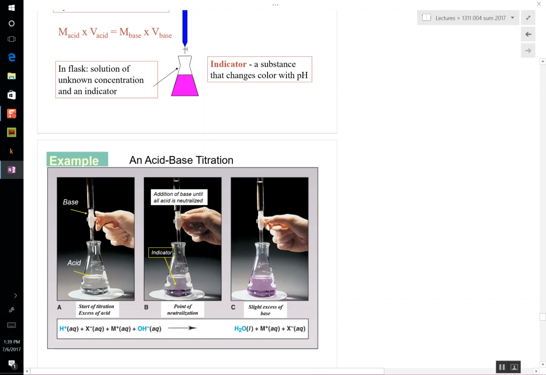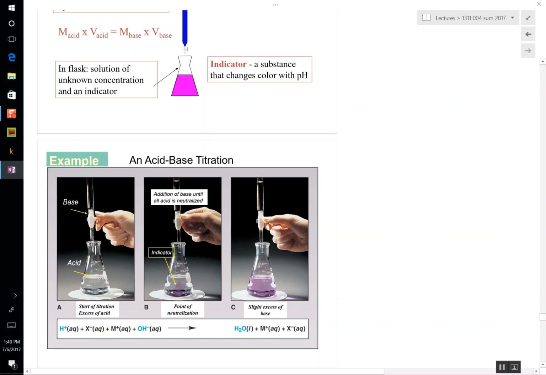This is your moles of H plus. Whereas over here, your molarity of your base times your volume of your base is your moles of OH minus. You see, you've got to get a factor of 2 into this calculation.